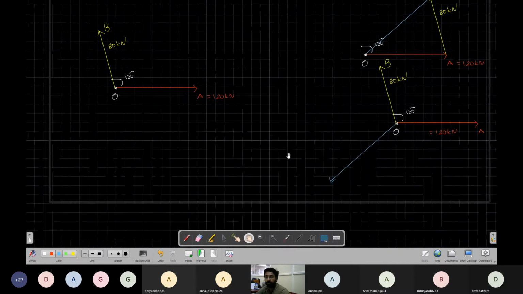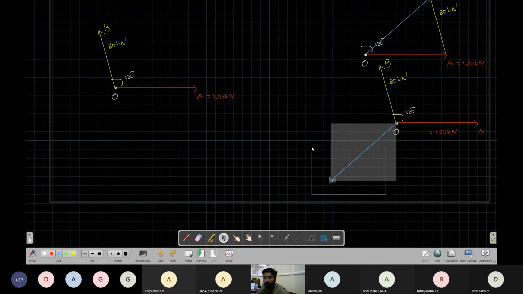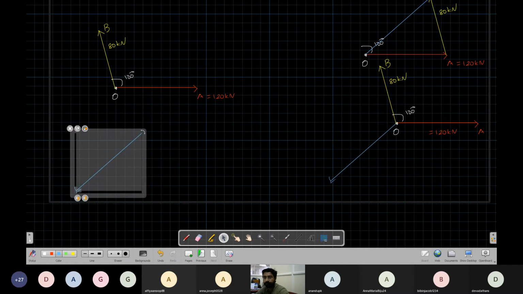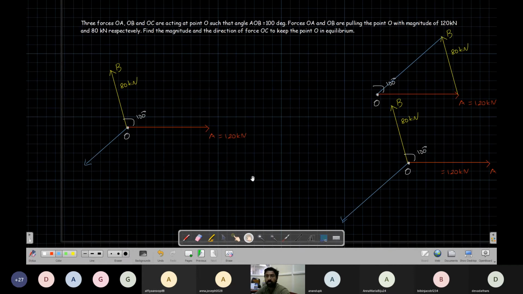So there is some line, the magnitude and direction. I will not make it smaller, so it is easy for me to draw. So the question is to find the magnitude and direction of OC.